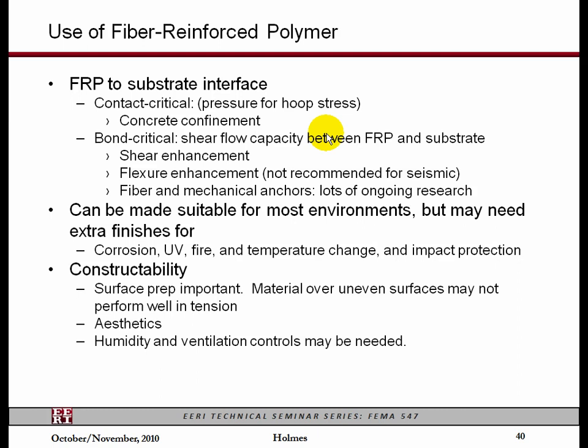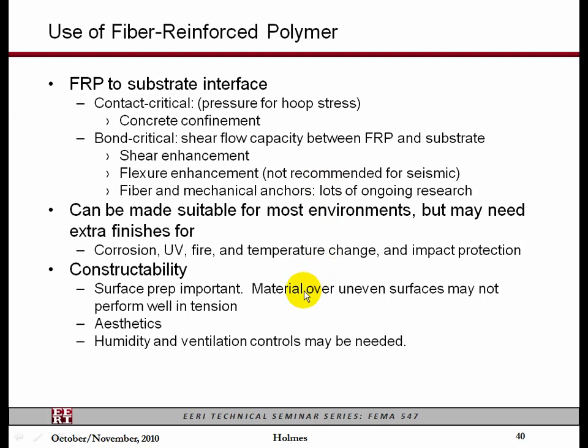Constructability, the surface preparation is very important. If you have a very rough surface and you try to put a coating on, this material basically works in tension, just exactly like shear reinforcing does. And if you start stretching something over an uneven surface, it will tend to straighten out. So whenever there's a depression in the wall, it will try to straighten out and it will pull away from the wall, and you'll end up with a failure in bond.